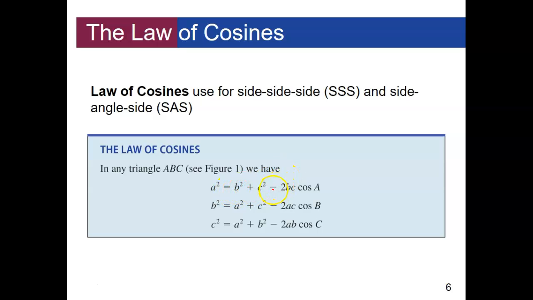In each case you start with, here, b squared plus c squared minus 2 times these two sides, b and c, times the cosine of the angle that's over here by itself. So there's a pattern to these. It's not three different formulas you have to memorize. Whichever side is here, its angle is going to be over here, and the two sides that are here are the ones that make up these values.